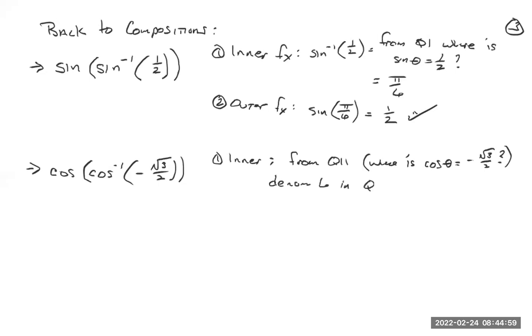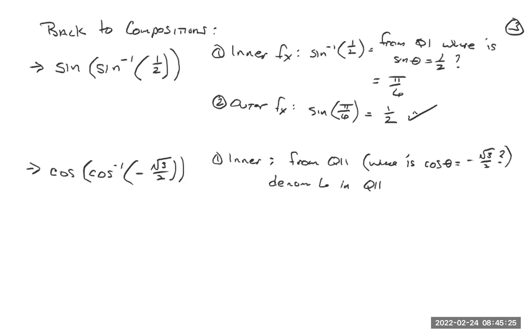In quadrant 2. So if you're not sure, we can count them off. Pi over 6 is in quadrant 1. 2 pi over 6 is really pi over 3, but that's still in quadrant 1. 3 pi over 6 is the y-axis. That's 90 degrees, pi over 2. 4 pi over 6 is really 2 pi over 3. And of course, that's in quadrant 2.